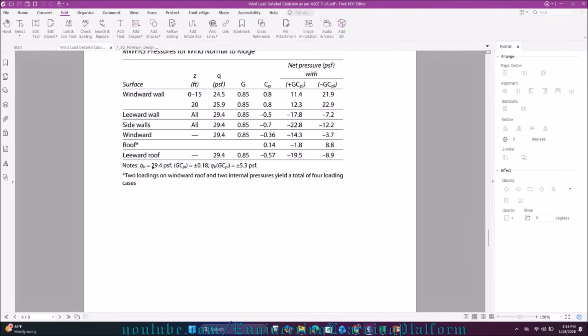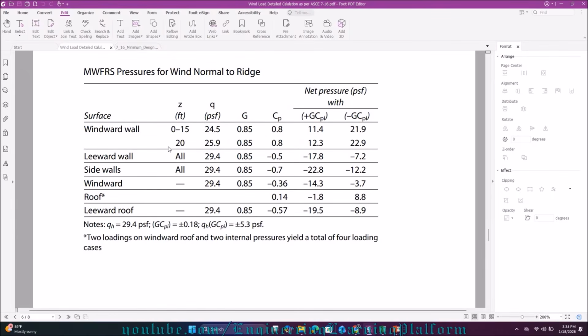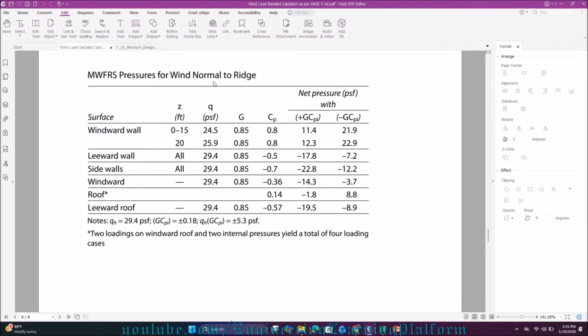Here you can see this calculation has been shown for wind normal to ridge. As I told you earlier, for wind normal to ridge, for the windward side, we do not apply the value as one value. We apply it as a UVL, not as a UDL. Therefore, at 0 to 15 feet height we have calculated one value, and the other value is at 20 feet.